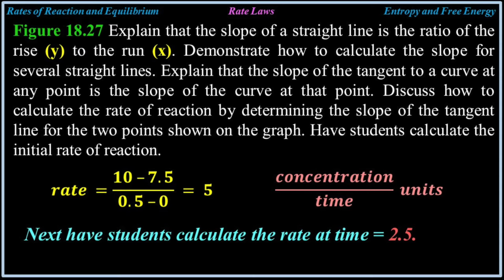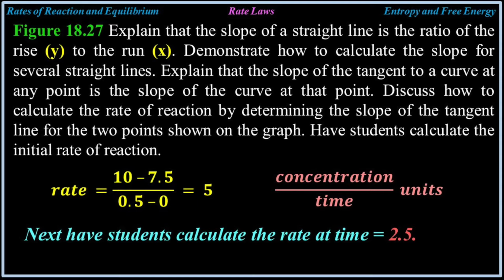Figure 18.27: explain that the slope of a straight line is the ratio of the rise, y, to the run, x. Demonstrate how to calculate the slope of several straight lines. Explain that the slope of the tangent to the curve at any point is the slope of the curve at that point.